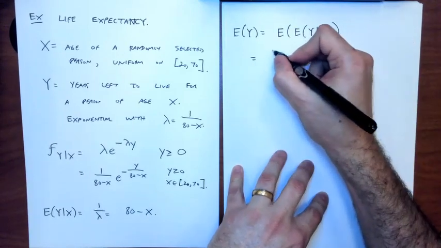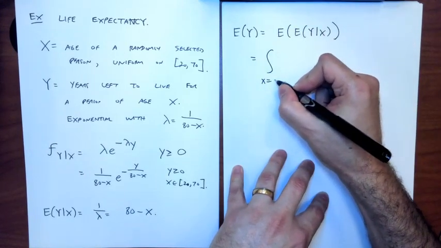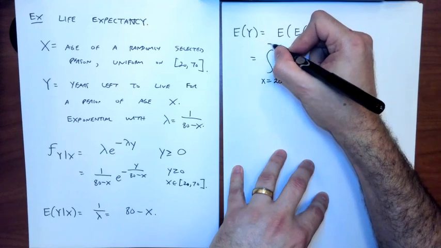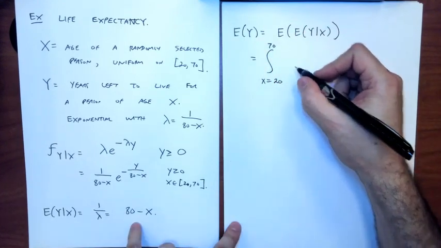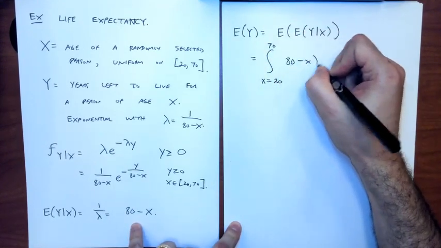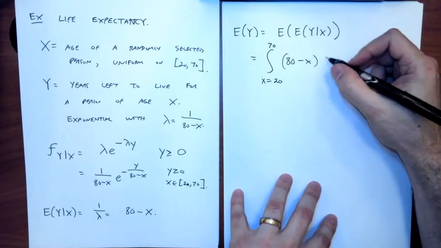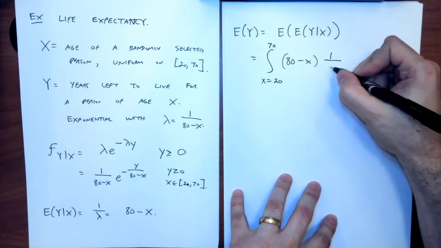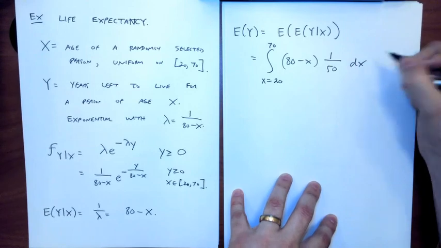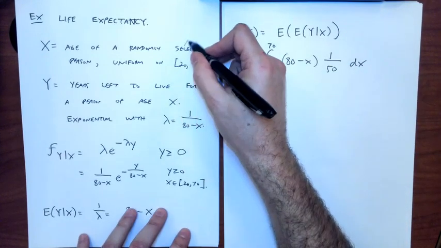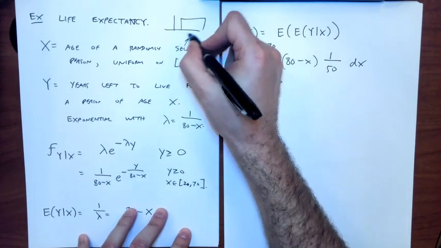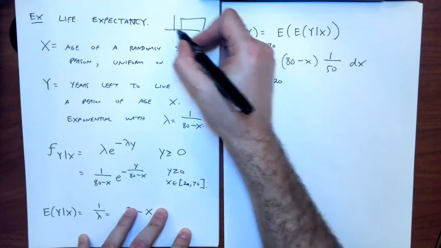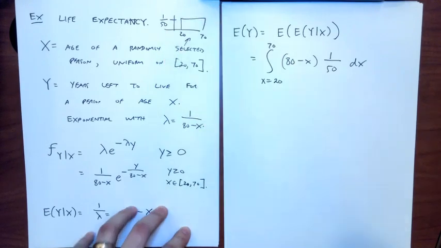So now I integrate over x, going from 20 to 70, of this expected value, 80 minus x, and then my PDF of x is 1 over 50 dx, right? Because this is just uniform on 20 to 70 and has to be of height 1 over 50, right?